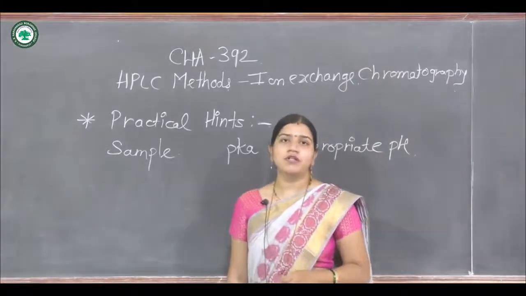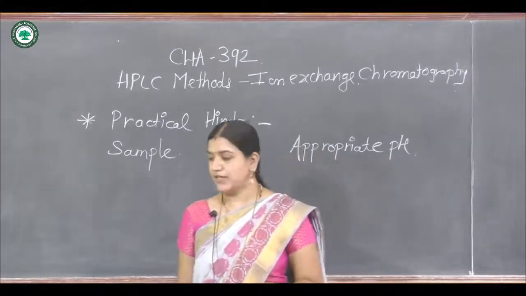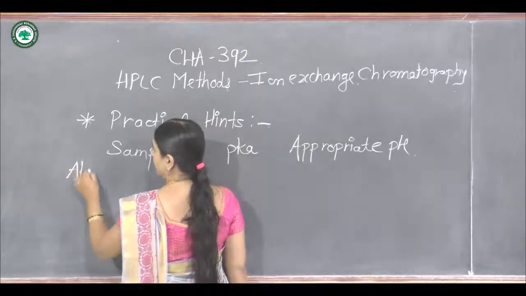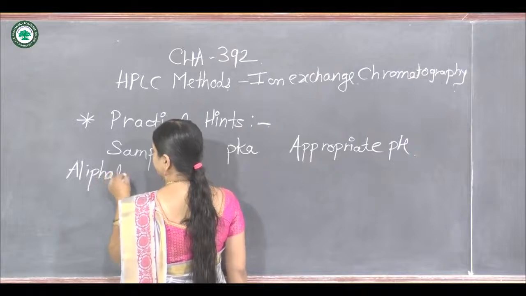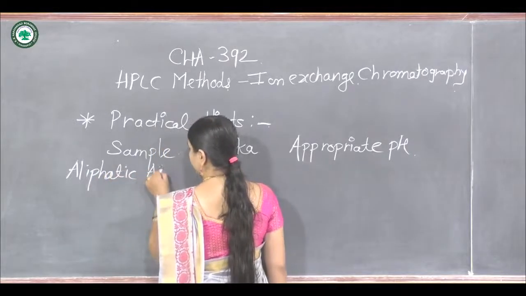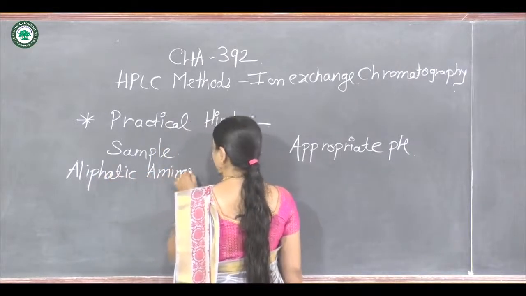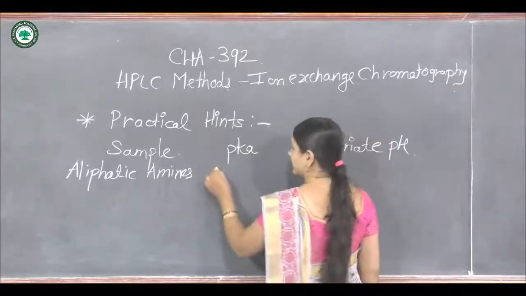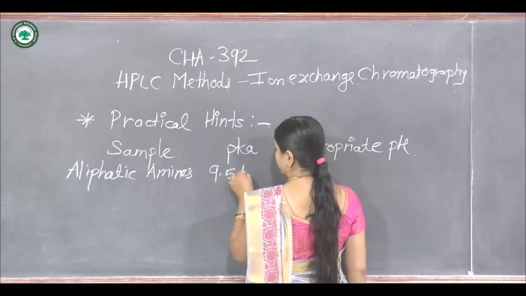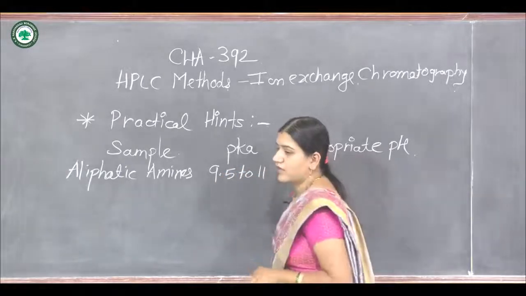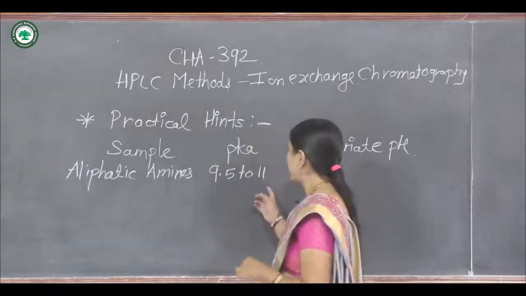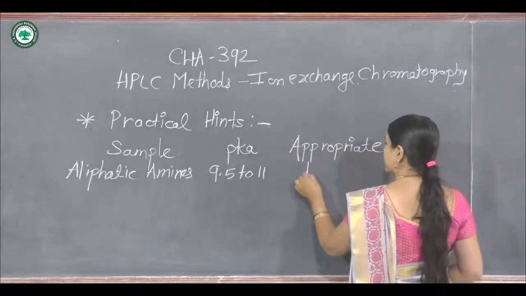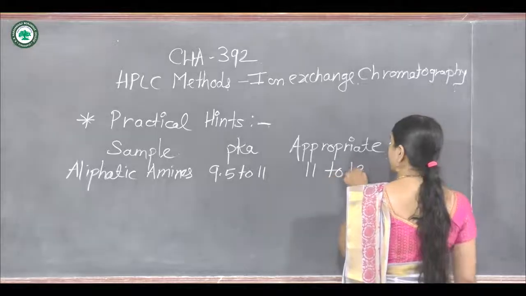If you want to analyze aliphatic amines, the pKa is in the range of 9.5 to 11. For the pKa of 9.5 to 11, the appropriate pH range is 11 to 12.5.